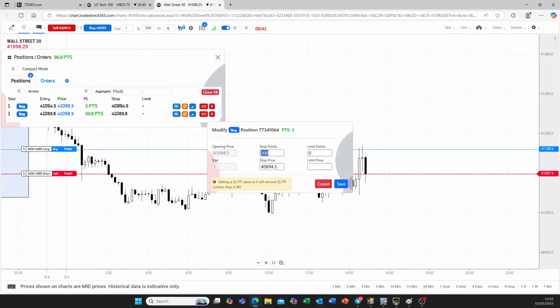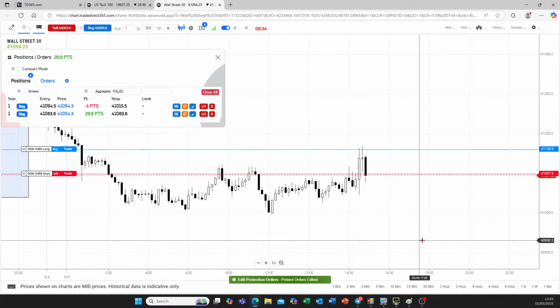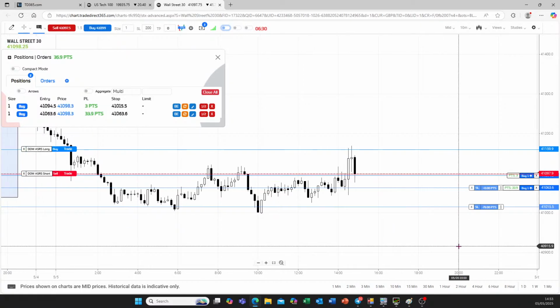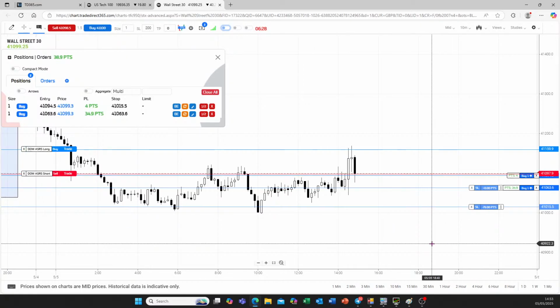Probably don't need a 200-point stop loss though. There you should be able to see the trades.